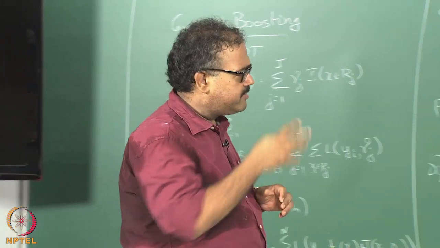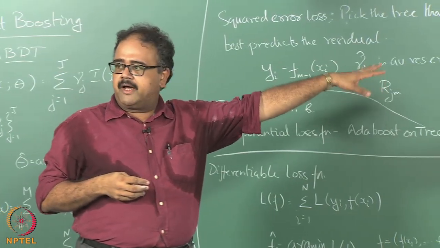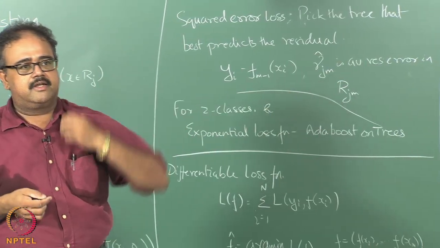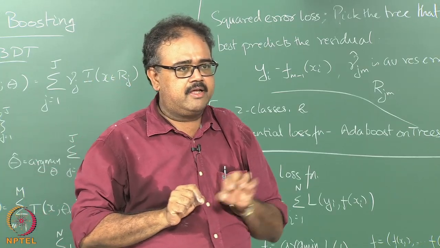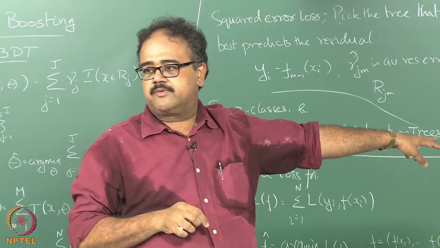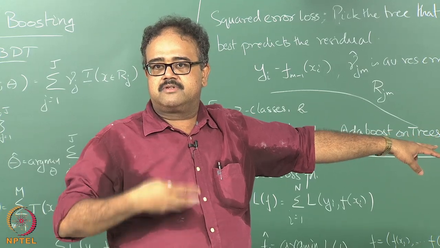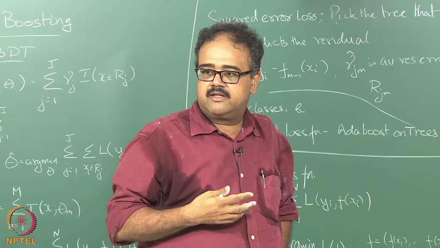We looked at some of them, but there are many other things that you could do. So for all my tree growing part, I am just going to use the regression trick, and when I finally have to give an output, I will use whatever is the true loss function I want. That is why it is called gradient boosting. I use the gradient at every point to boost my performance.